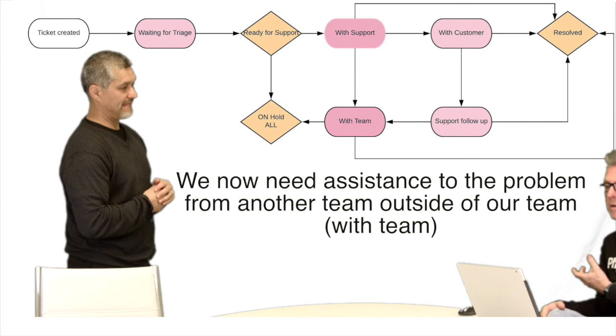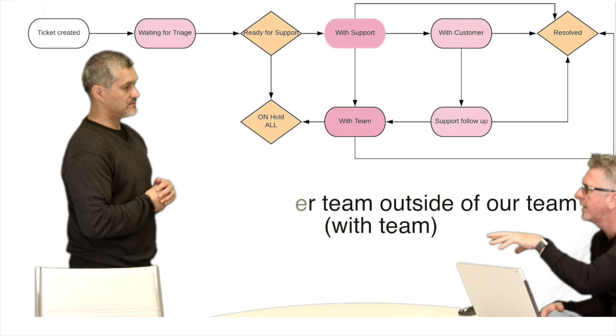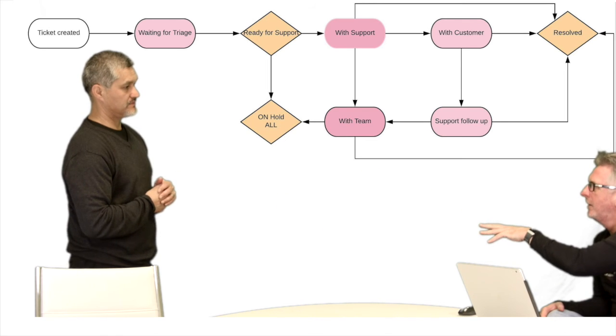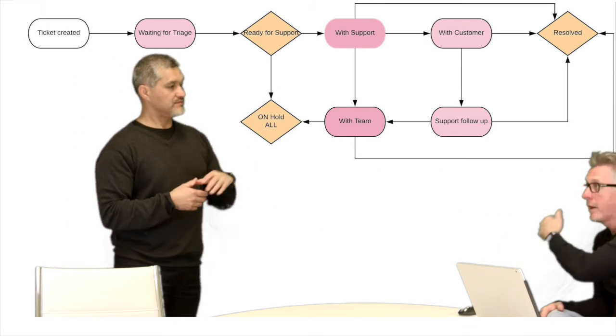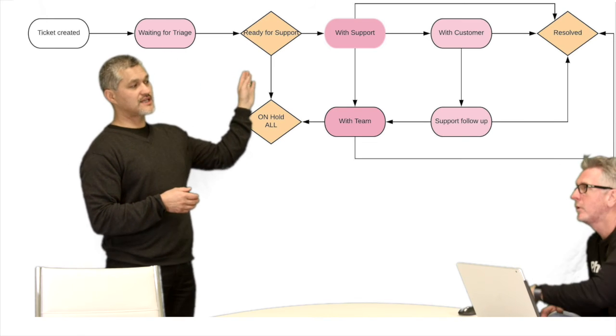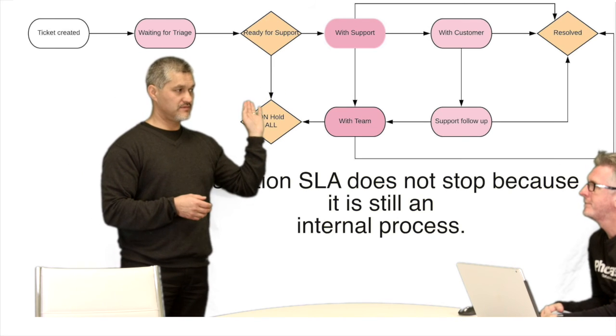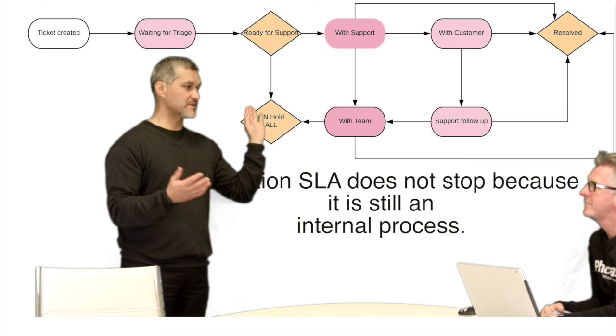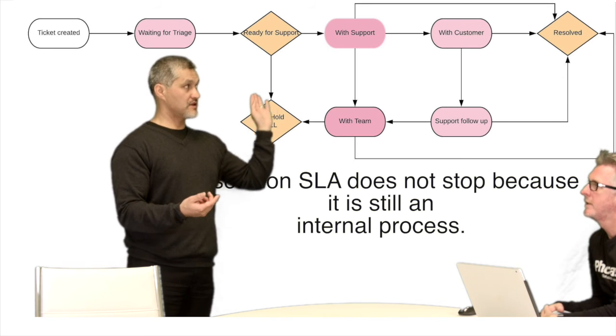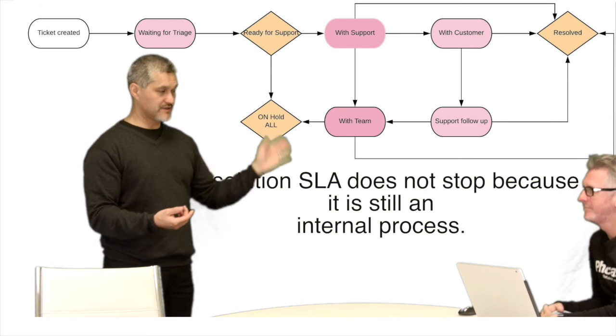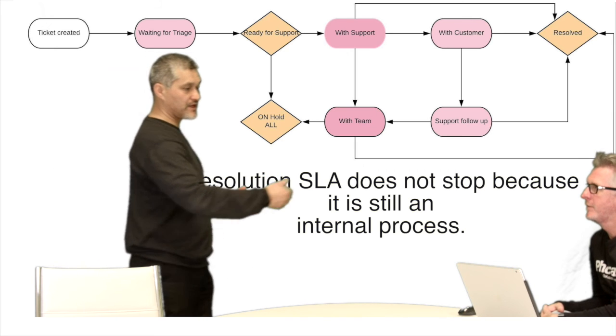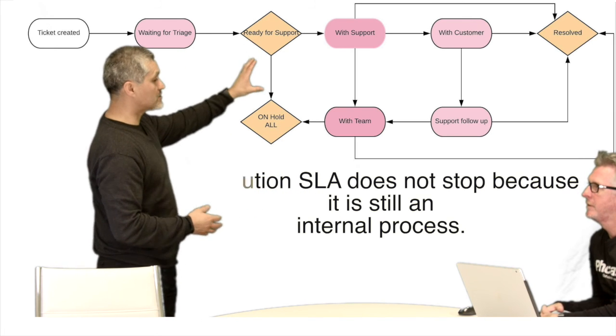Yep. In the workflow you would select from a drop down that it's with other team. With other team. Okay, good. But should the SLA stop with resolution? I think not, because it's an internal process. So the SLA resolution doesn't stop. Okay. Because I'm forwarding the ticket to you, guess what? It's still with us.